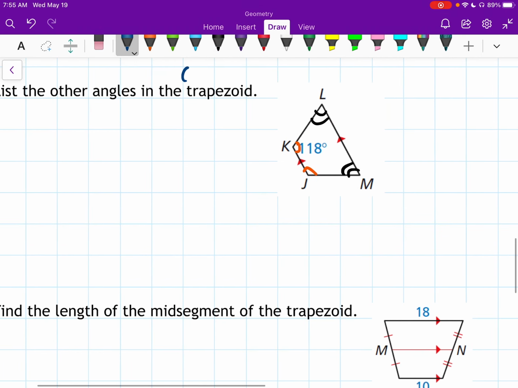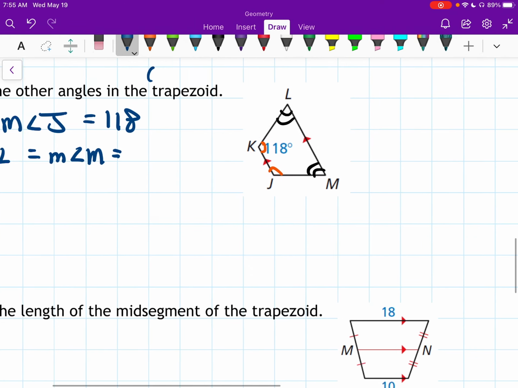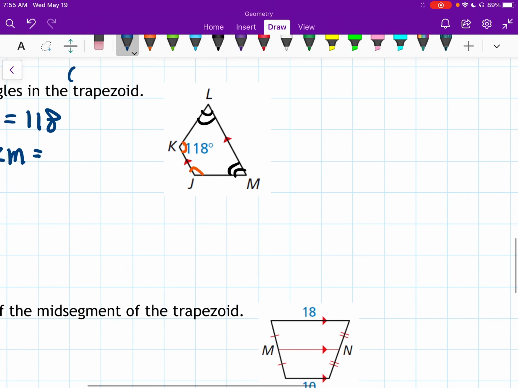So I know that measure of angle J is 118. I know that measure of angle L is equal to measure of angle M, and then I don't really know what that is yet. The way that I'm going to get that is I'm going to go back to the sum of the angles in a quadrilateral, a four-sided figure.